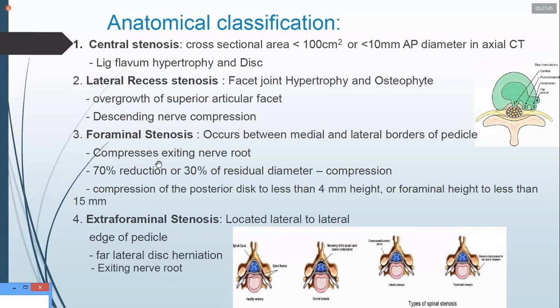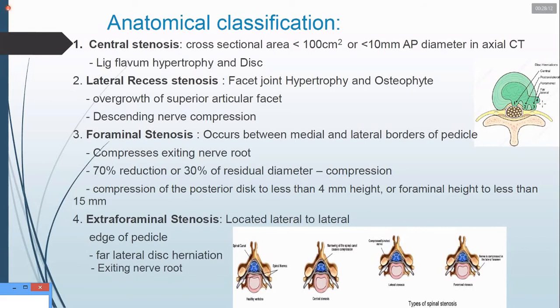And foraminal stenosis, when this is more lateral, like in this level, compresses the exiting nerve root. And extraforaminal stenosis, when there is far lateral disc herniation, like in type 4, the exiting nerve root gets compressed in this area. So broadly, there are 4 types: central, lateral, foraminal, and extraforaminal.